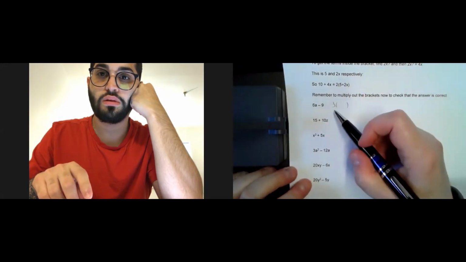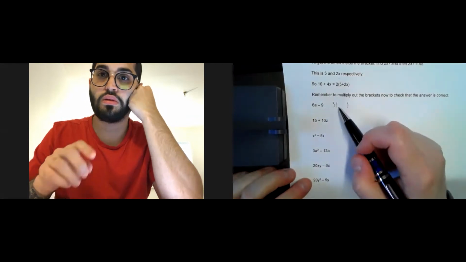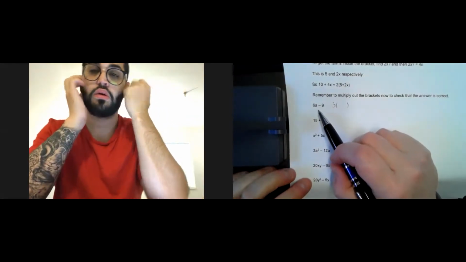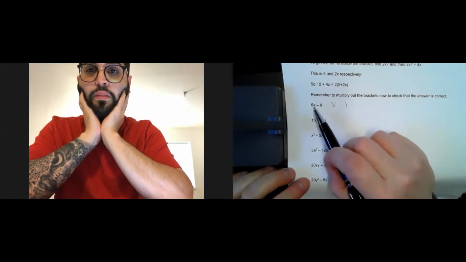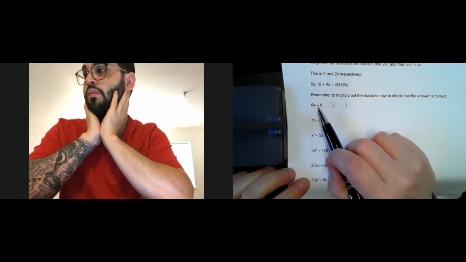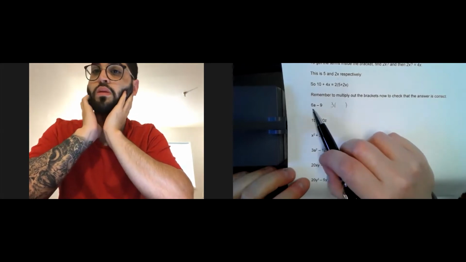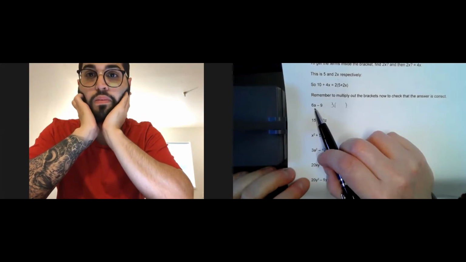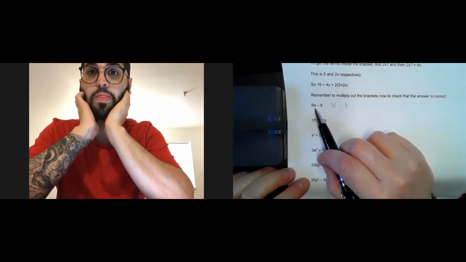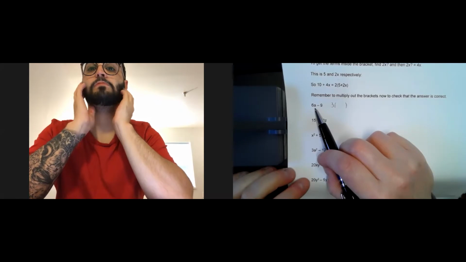And the reason we pull that out is because we want what's in the parentheses to be the lowest possible numbers to represent this little equation. So 3 times what is going to equal 6a? Or 6a divided by 3 equals what?